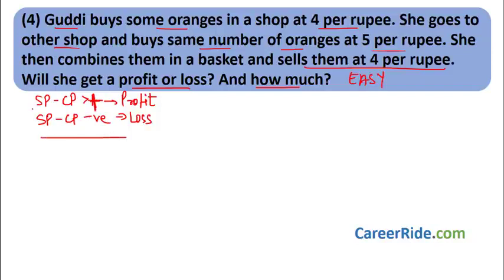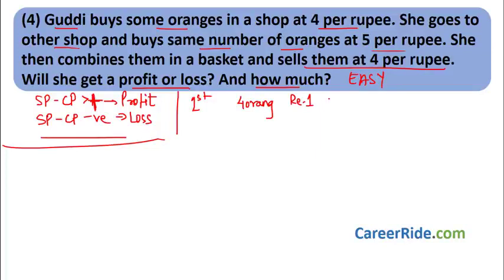That much we know. Now do we know the selling price? No, we just know that she sold them at 4 oranges per rupee. In the same way we do not know the cost price. Let us assume that Goody goes into the first shop. Over there she bought the oranges at the rate of 4 oranges for 1 rupee. In 1 rupee she got 4 oranges.